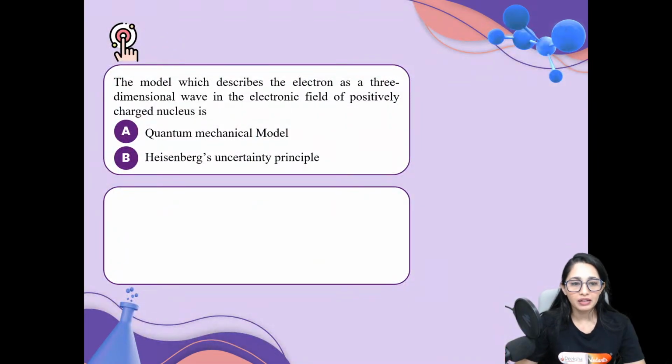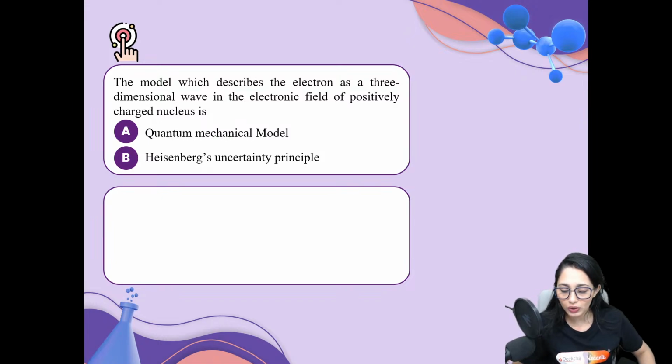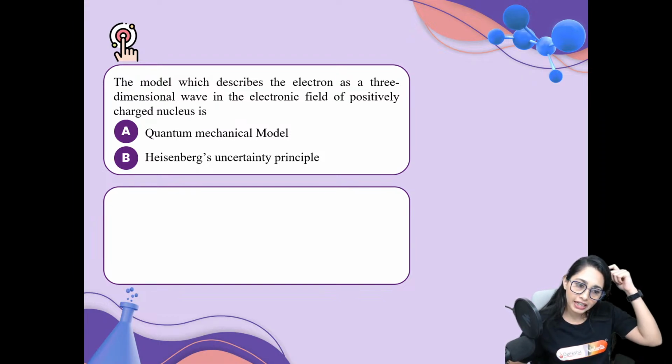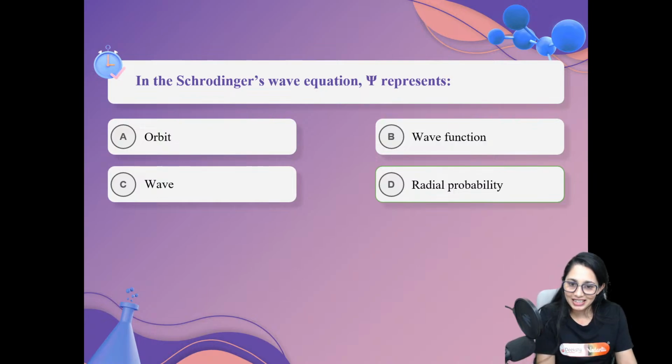Moving on, the model which describes the electron as a three-dimensional wave in the electronic field of positively charged nucleus is dash, which is our quantum mechanical model, Heisenberg uncertainty principle. The symbol represents what?